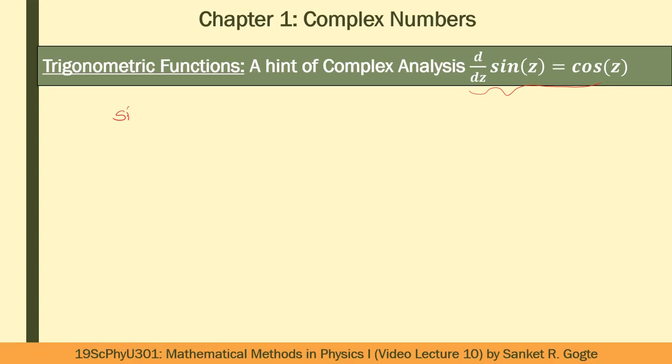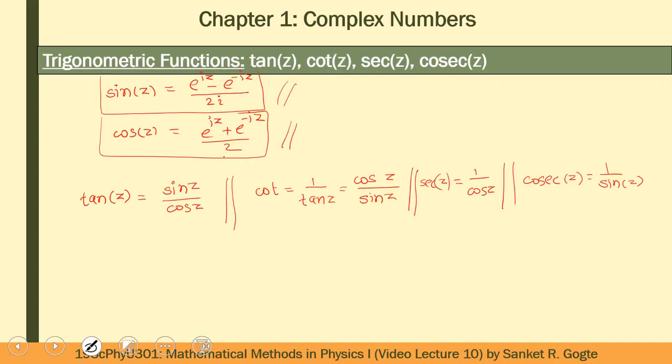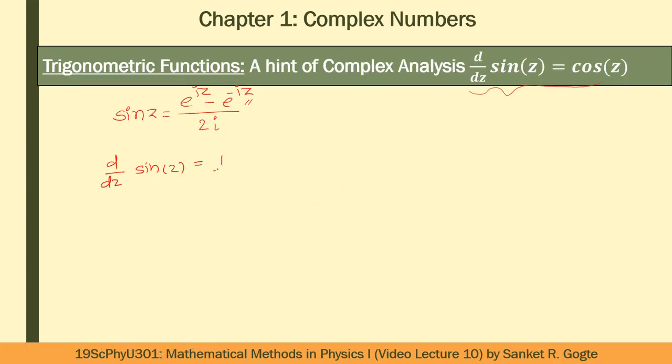So sin z is e to the power iz minus e to the power minus iz divided by 2i, and differentiating sin z with respect to z here would mean that I have to differentiate these exponential functions. 2i is a constant, so I'll take it out, and then we'll differentiate e to the power iz, which is going to be i into e to the power iz, minus the differentiation of e to the power minus iz, which is going to be minus i into e to the power minus iz.